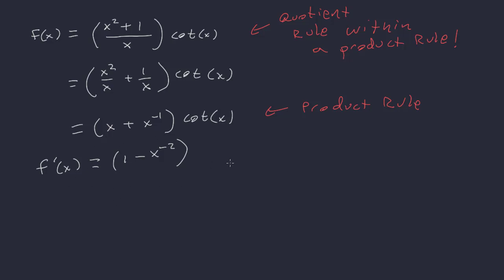So here's the derivative of the first guy times the second guy left alone plus the first guy left alone times the derivative of the second, and the derivative of cotangent is negative cosecant squared.